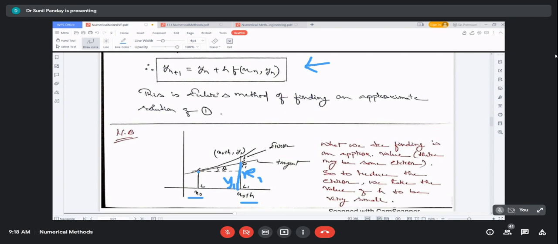This is the error because we are drawing a tangent and a line perpendicular to the x-axis at the point x0 + h, and where this tangent and this perpendicular line intersect, we assume this is the approximate value of y at x1. Here, if you take h small, then the error is less. So if you take smaller values of h, you have less error in the approximated value of y(x1).